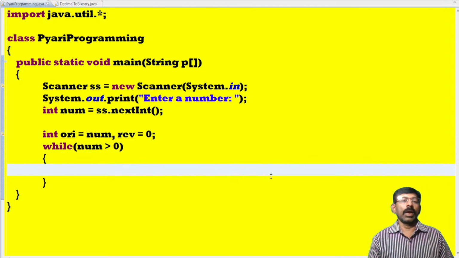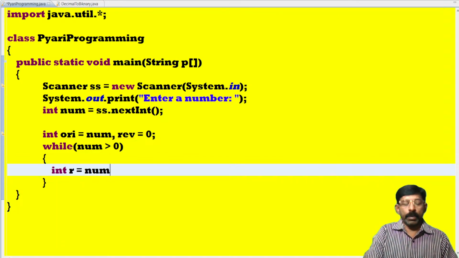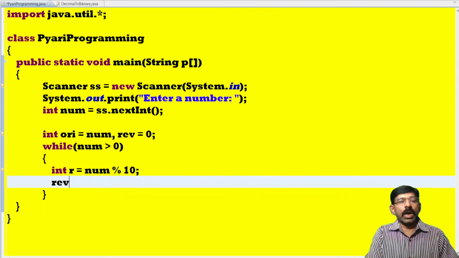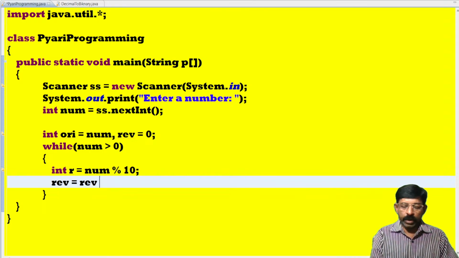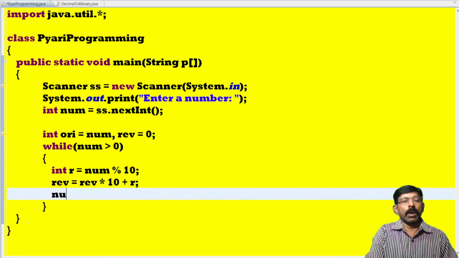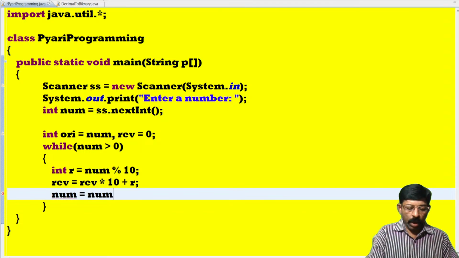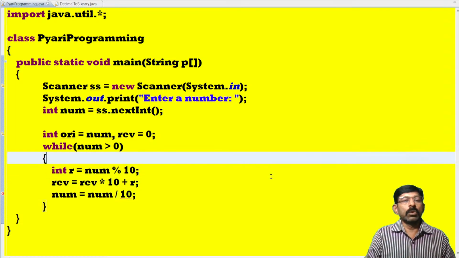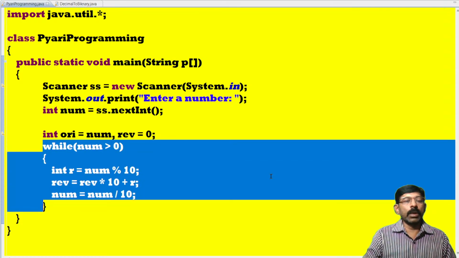After that, I will try to get the remainder. int R is equal to NUM modulo 10 to get the remainder. Then get the reverse. REV is equal to REV into 10 plus R. This is to get the reverse. Then reduce the number. NUM is equal to NUM divided by 10. This is to get the reverse of the number.